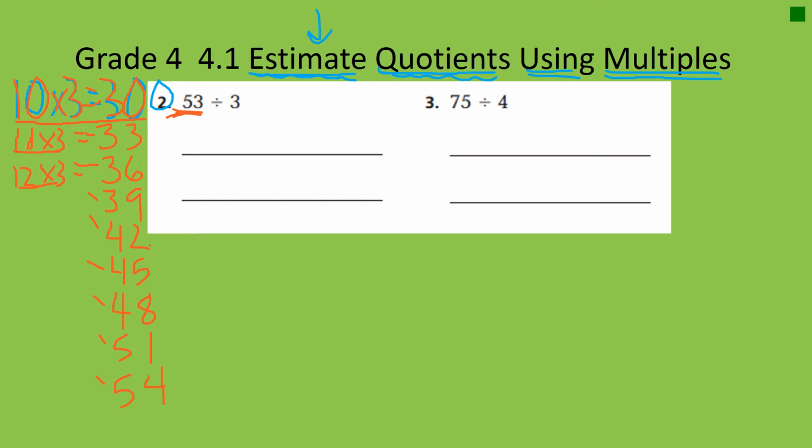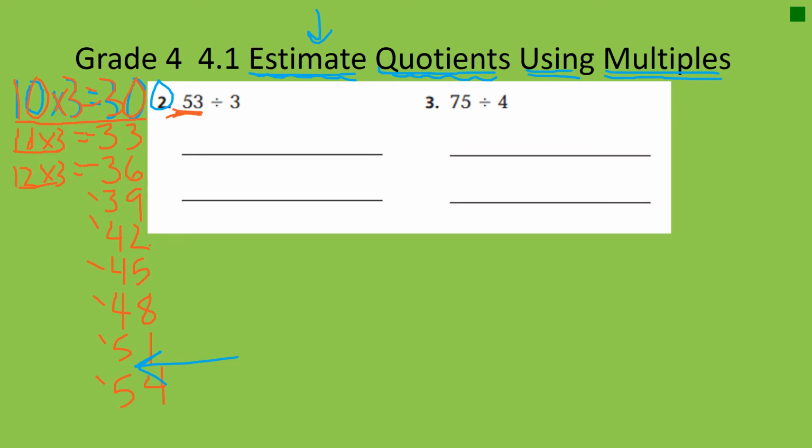Okay? So we were trying to get to 53, but we didn't make it, did we? 53 is not a multiple of 3. It's between 51 and 54. Now those are multiples of 3. So I guess that's why we're estimating.